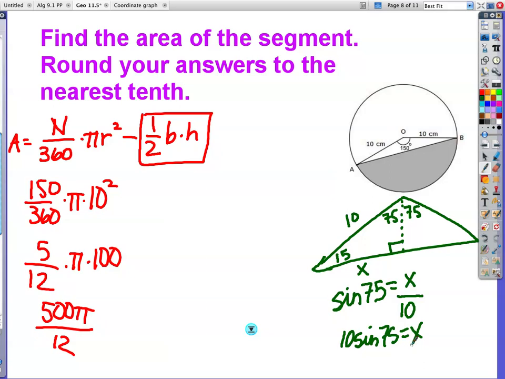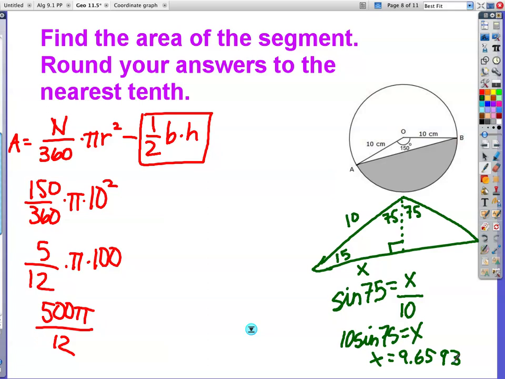I'm going to go 10 times sine 75 on my calculator, and I'm sure you're all grabbing your calculators right now, and I'm getting 9.6593, where I keep 4 decimal places.